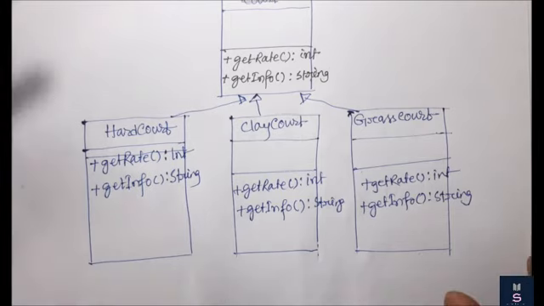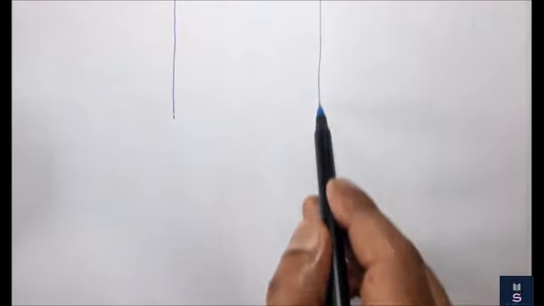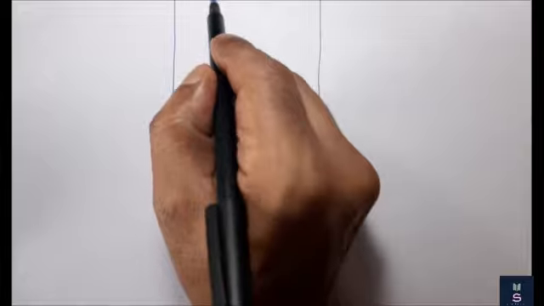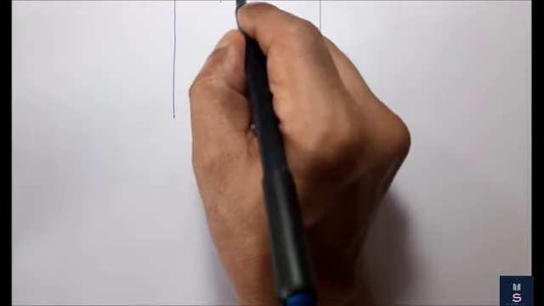Let us see the next topic, that is interface. Whenever we declare an interface, we know the definition that an interface is implemented by some classes, okay. So whenever we declare an interface, I have to write within double angle brackets the name interface.